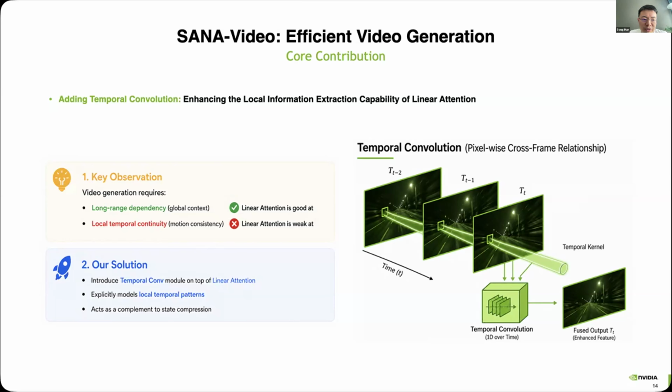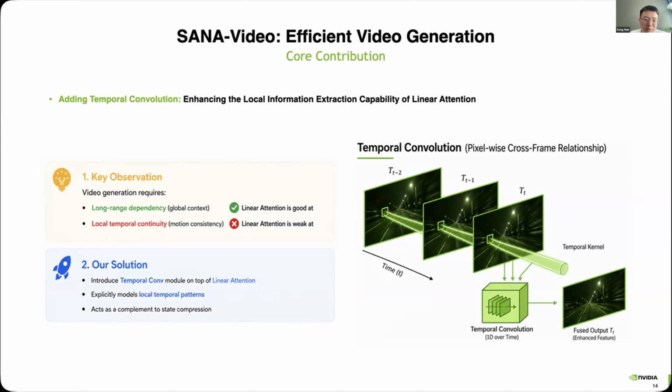The key observation is that video generation requires very long range dependency to have a global context. Linear attention is very good at it. However, linear attention is weak at local temporal continuity to model the local characteristics. But we know that temporal convolution is very good at modeling this local information.